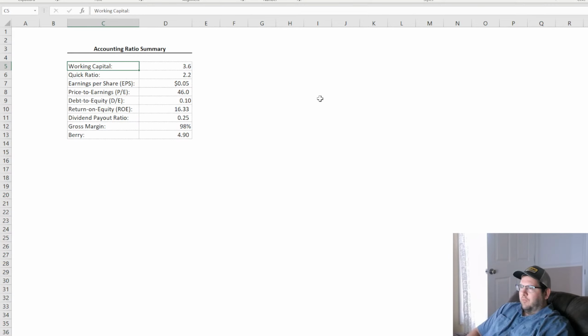And then let's do, I'm going to pull in the definition for all these in the summary as well. And we're going to use the indirect function, which, let me make sure I remember. Indirect with a reference.